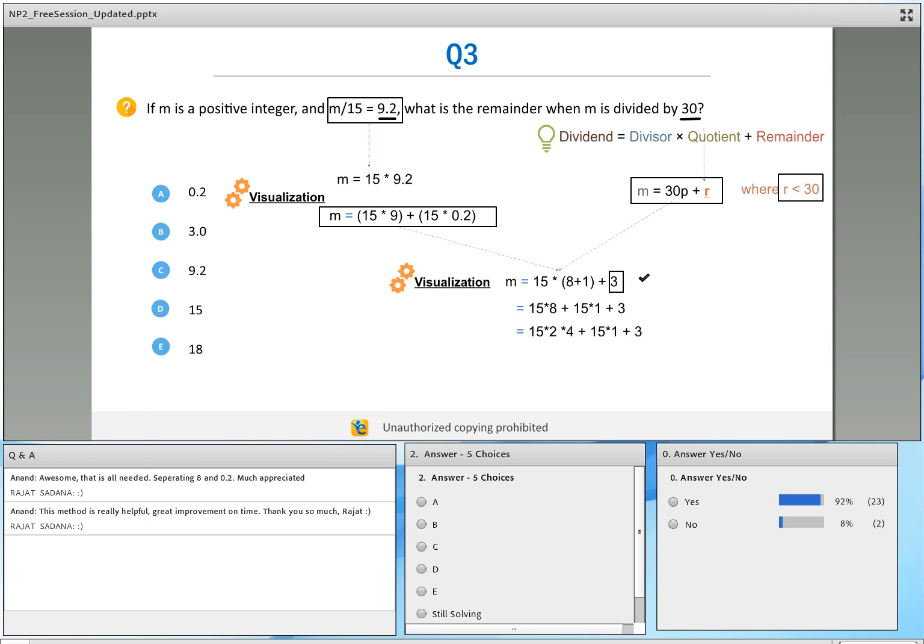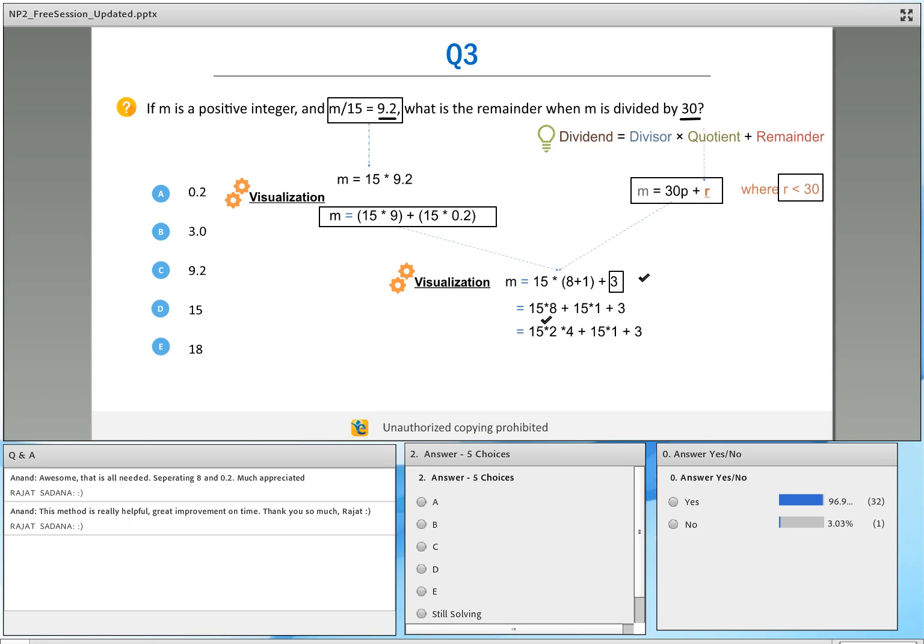Now, what we know is 15 times 8 is divisible by 30. 15 times 1 is not divisible by 30. And 3 again is not divisible by 30. So this is a term that's divisible by 30, but these two terms are not divisible by 30. Let me do undo. Actually, let me get the annotations again.